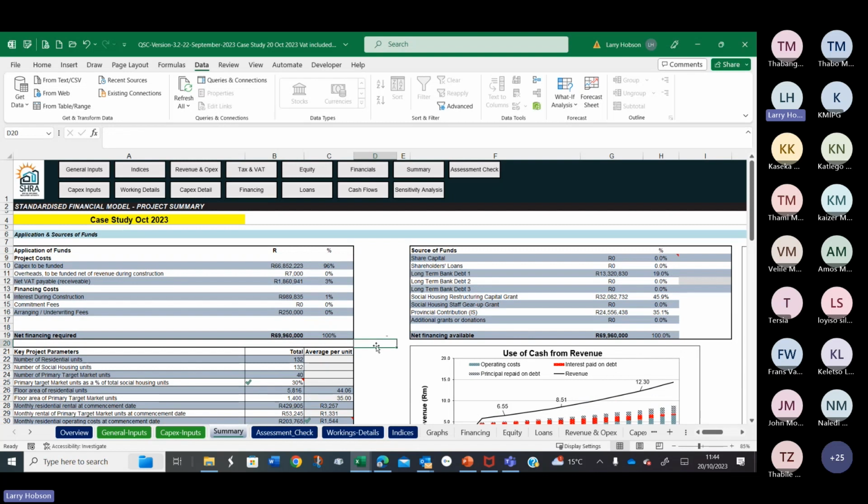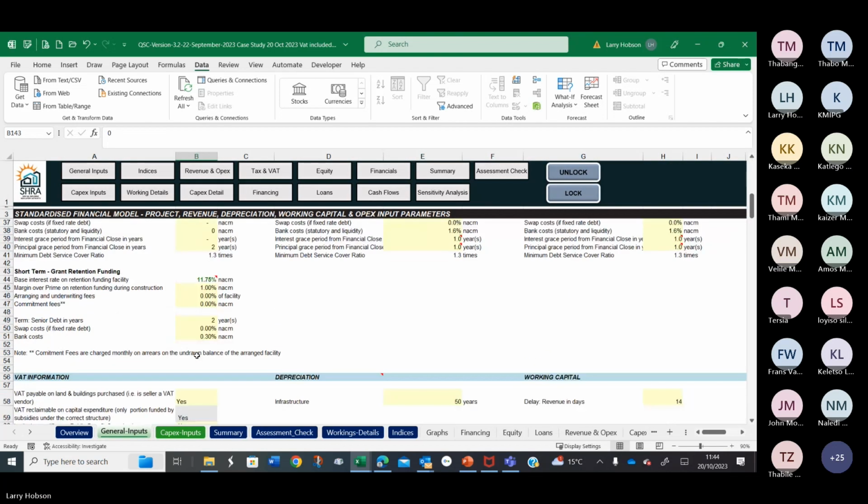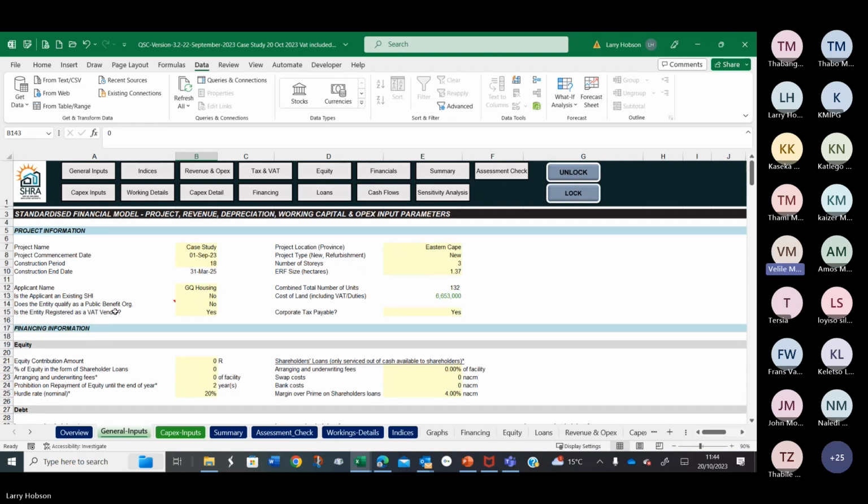Now that would be if we are a VAT registered developer, if we've got this little group that's a social housing institution with a VAT registered developer. So if we answered no to this one, I wonder what the answer would be.